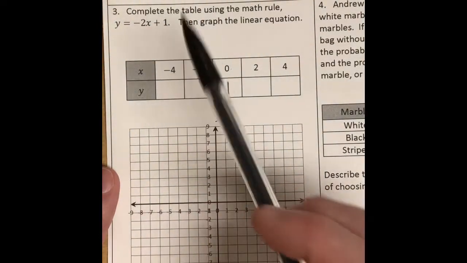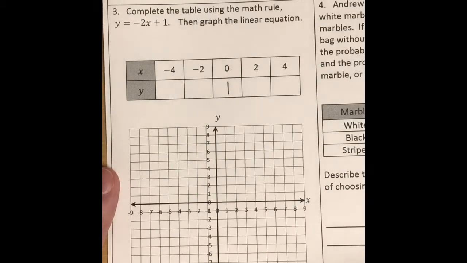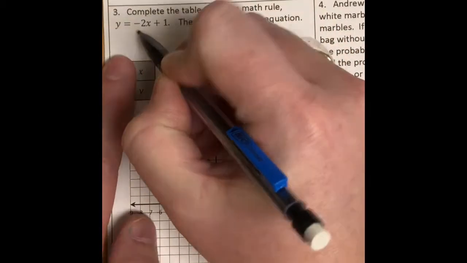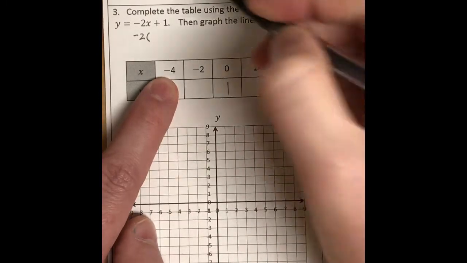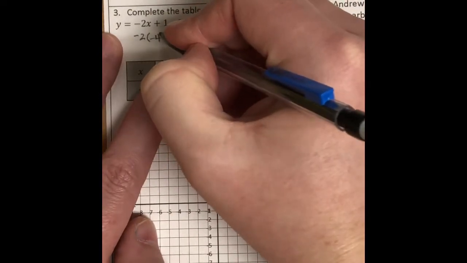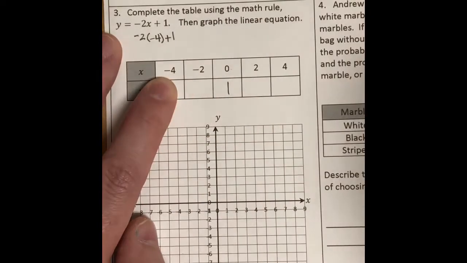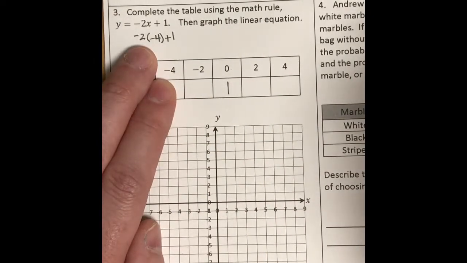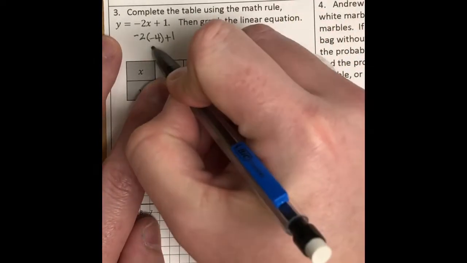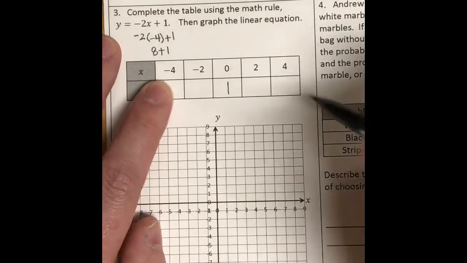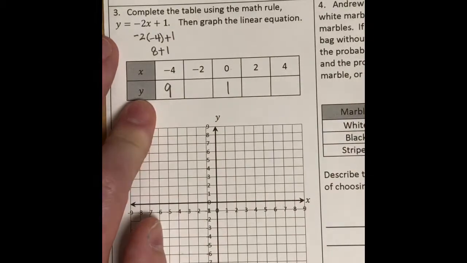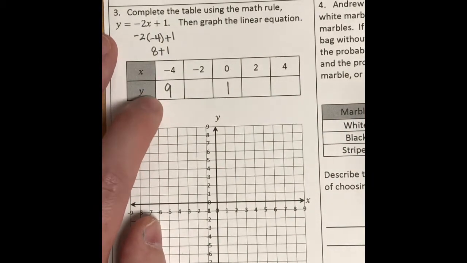So for example, I am going to say, okay, -2 times, now I'm going to put in -4, -4 plus 1. Well, what's -2 times -4? 8 plus 1. What's 8 plus 1? 9. You have your first ordered pair.